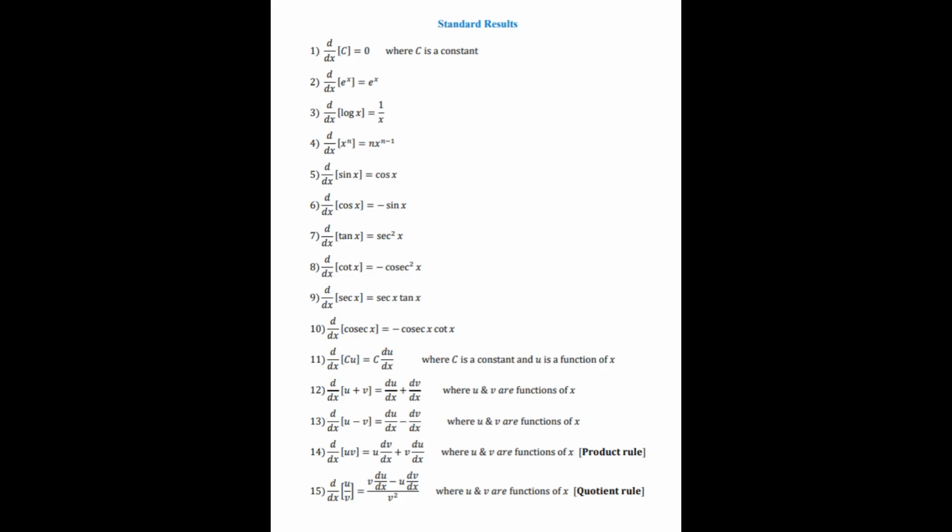First we have to know about that. Here I have attached a screenshot of all 15 formulas. You can see here all functions and product rules. They are all available. Just remember them. We will get to know about this in the upcoming video.